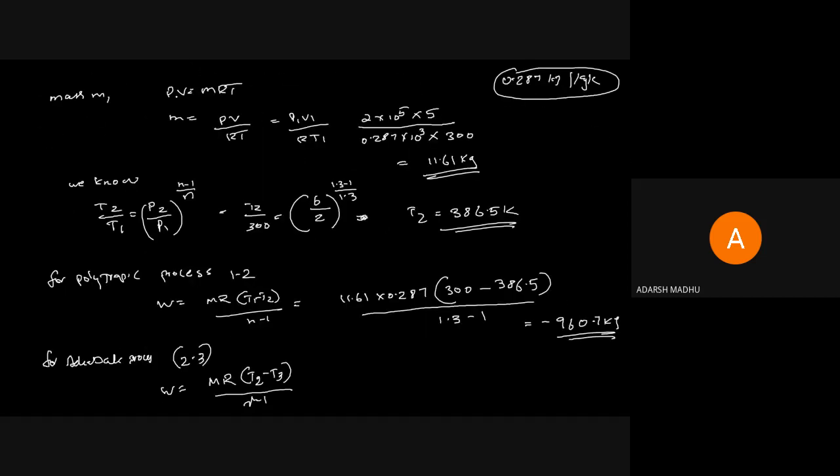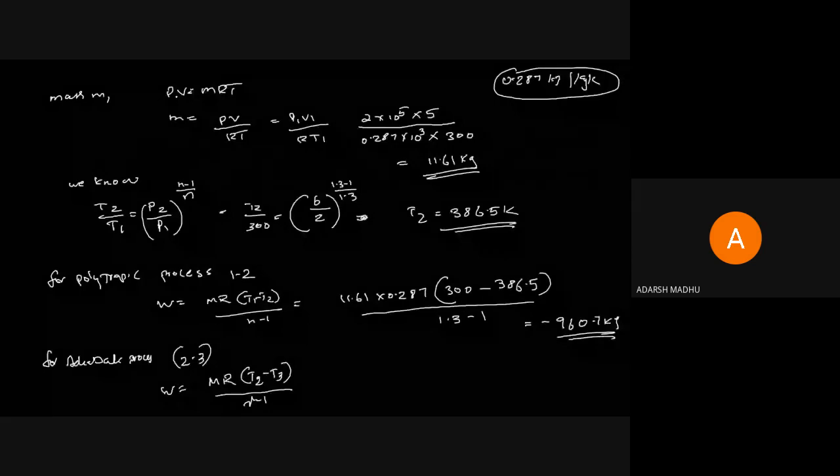T2 we found is 386.5, and gamma is 1.4. Substituting the whole values, we get T3 equal to 282.3 Kelvin.